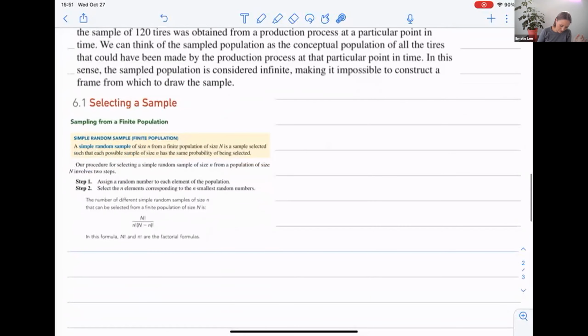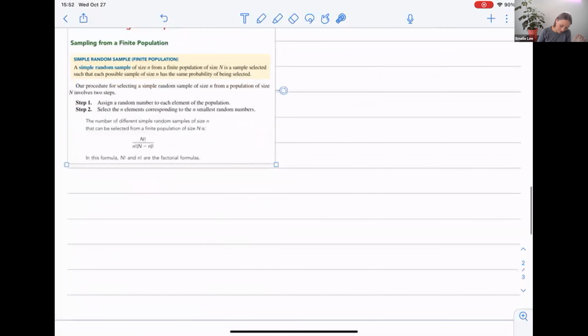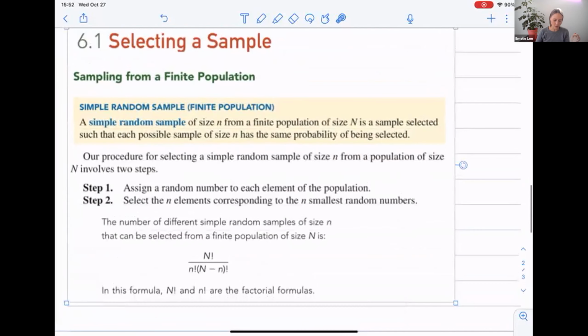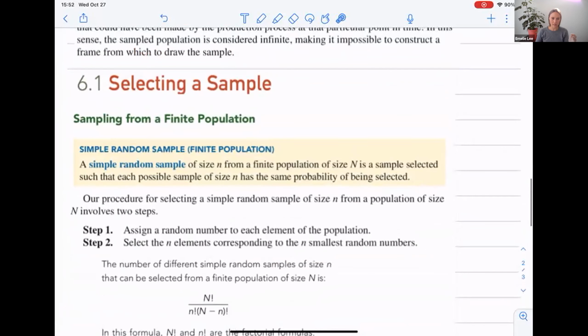But let's talk about the differences between sampling from a finite population. If you ever feel like you can define the entire population, no matter how big, right? The population of Canada, we could potentially try to figure out what that is in one moment in time.